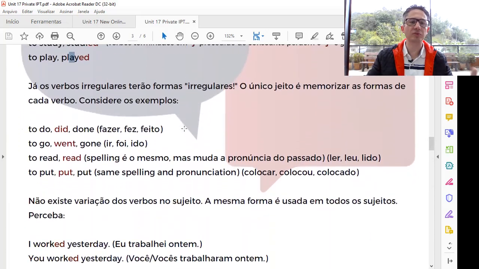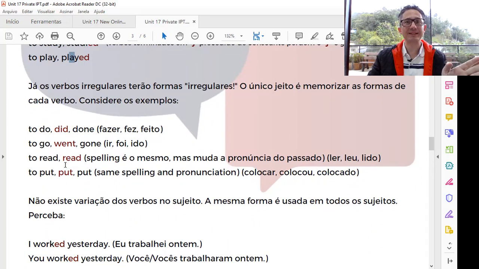I put some examples of irregular verbs. Repeat: to do, did, done. It's like fazer, fez, feito. To go, went, gone. To read, read. Notice the spelling is the same, R-E-A-D, but the pronunciation changes in the past.